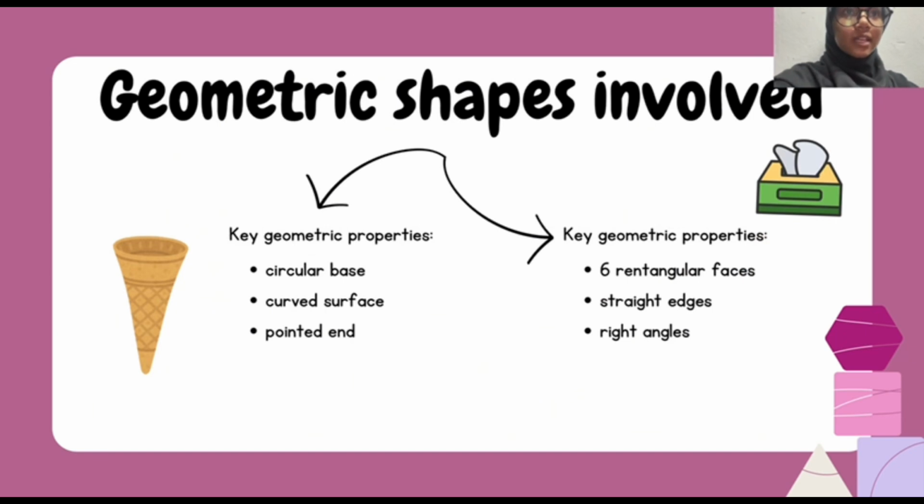The geometric shapes involved in cones are a circular base, a curved surface, and a pointed end, while in tissue boxes there are 6 rectangular faces, straight edges, and right angles.